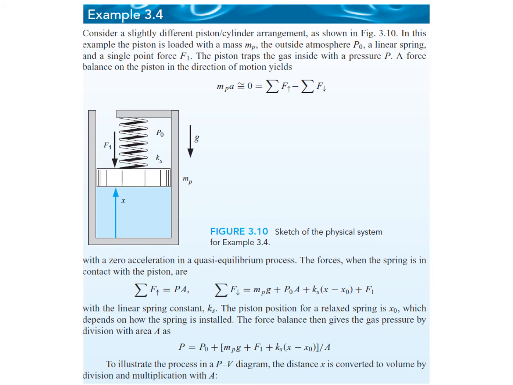In this example, we have a piston cylinder assembly in which we have installed a spring over the piston. This is a slightly different piston cylinder arrangement than we were used to considering in previous lectures and those delivered during on-campus time.